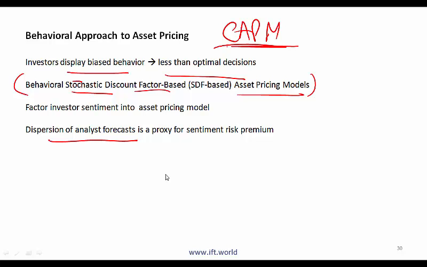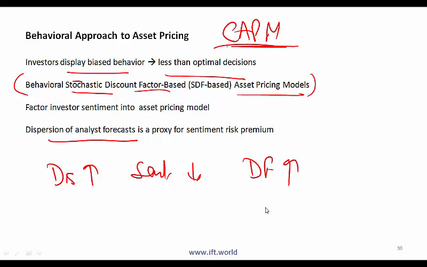So now what do we do? Fortunately, we don't need to quantify this, we just need to understand it at a high level. If the dispersion is high, then the sentiment is low, and that means we should be using a higher discount factor.